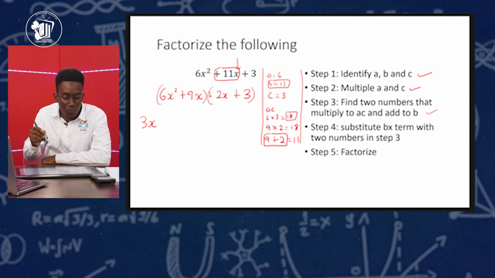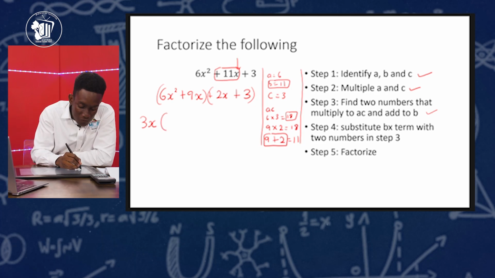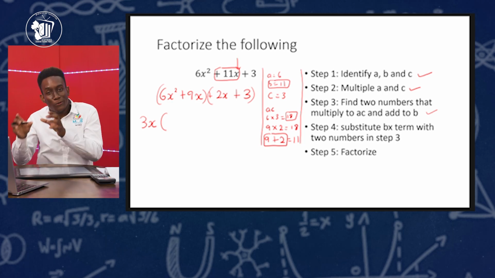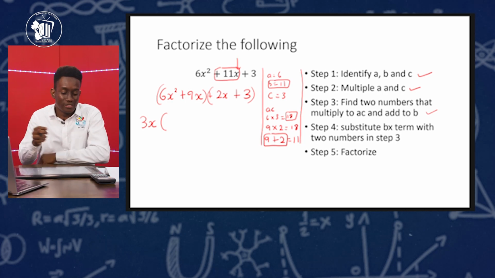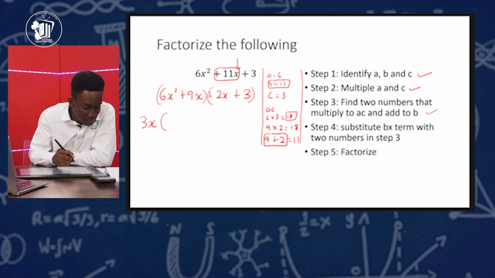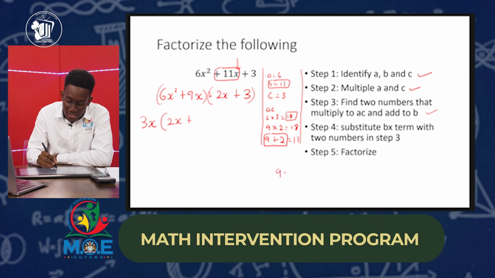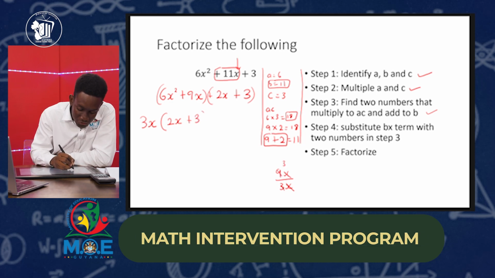So we factor out 3x. When we factor out, we're actually dividing. So 6x squared divided by 3x gives you 2x, plus. And 9x divided by 3x, the x goes with the x, and 9 divided by 3 gives you 3. So we're left with plus 3.